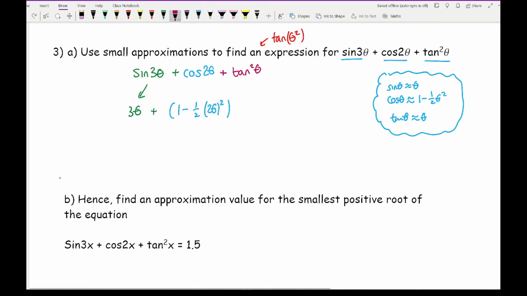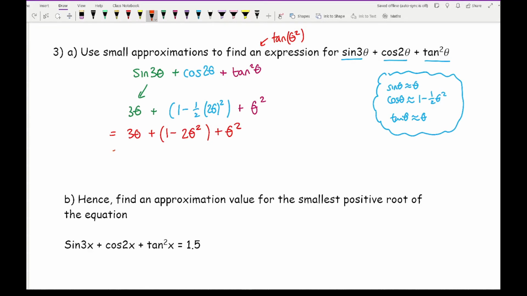And then I've got plus, and tan theta is just theta, then the approximation of tan squared theta is just going to be theta squared. So expand the brackets and simplify this, I get 3 theta plus, and I'm not going to simplify this too much, but I've got 4, and then obviously 2 theta squared is going to be 4 theta squared times a half gives me 2 theta squared plus theta squared.